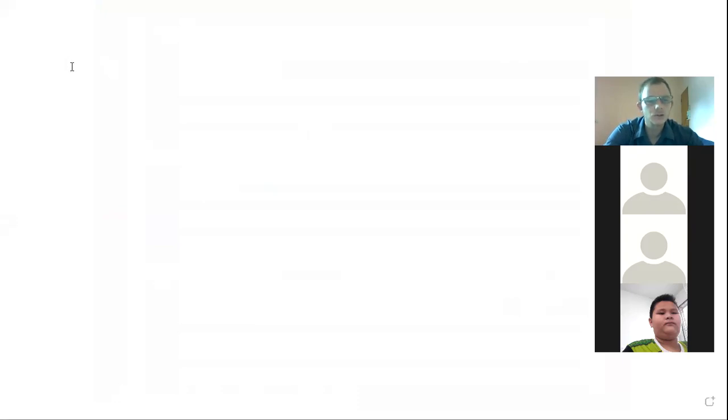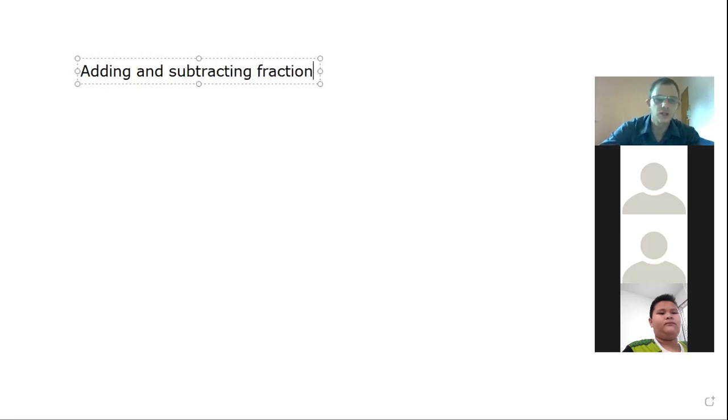Our rules start with adding and subtracting fractions. Can we remember the rules? What are our 3 rules for adding and subtracting fractions?